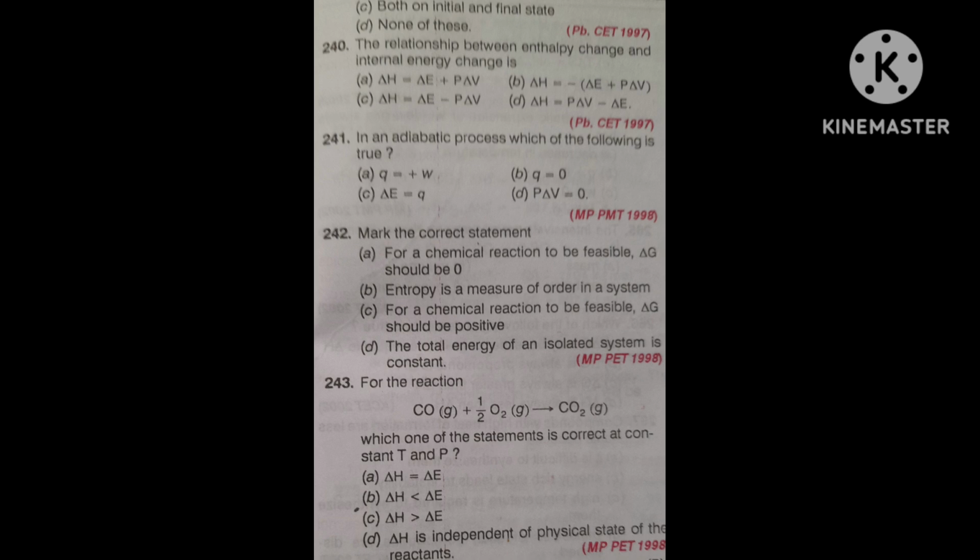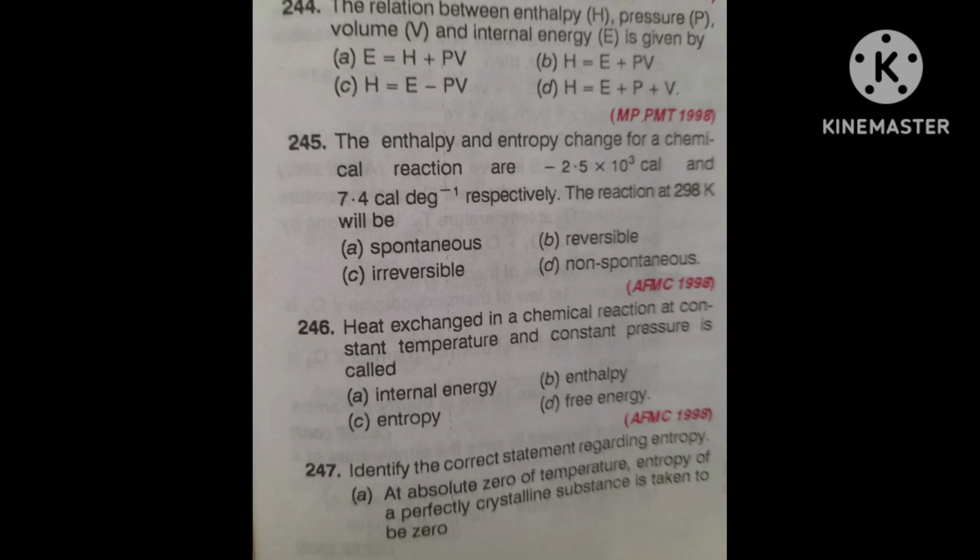Change in number of moles is product minus reactant, so 1 minus 1.5, which means minus half.